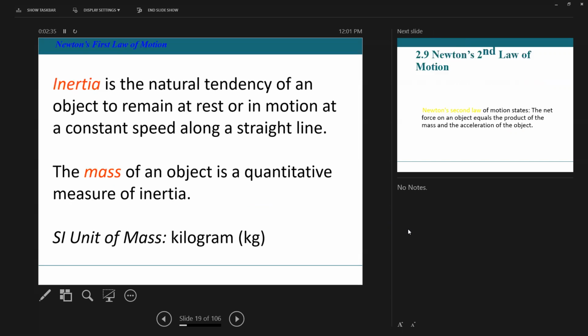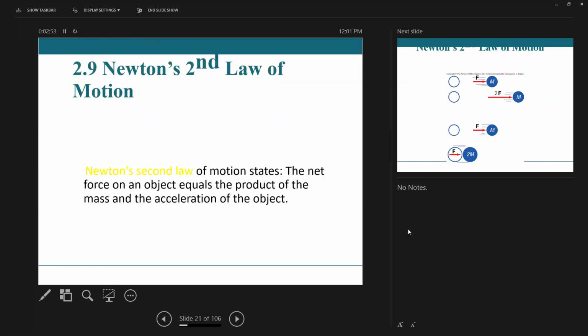Now, inertia is the natural tendency of an object to remain at rest or in motion at a constant speed along a straight line. The mass of an object is a quantitative measure of inertia, and again it's in kilograms. And that brings us to Newton's second law. Newton's second law of motion states that the net force on an object equals the product of the mass and the acceleration of that object.